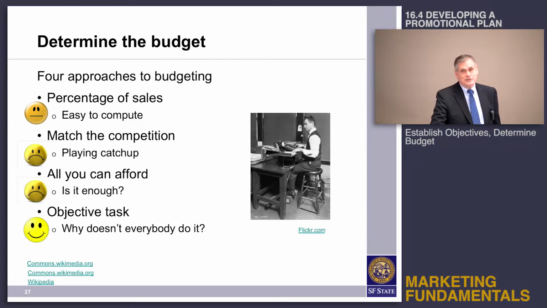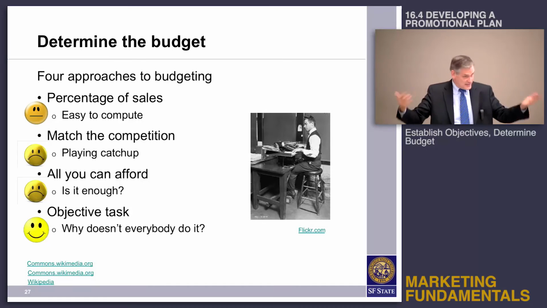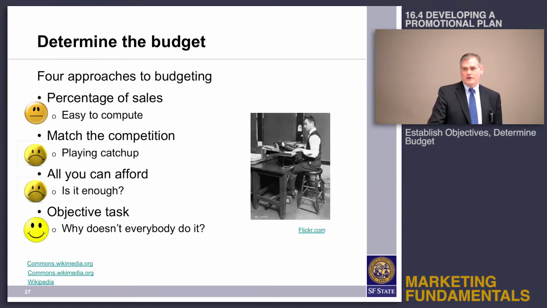Another common approach is just, this is all I can afford. That's our promotion budget. And we've already talked about why this would be a dumb idea. I'm sorry, ill-advised. I didn't mean to be judgmental. Why would it be ill-advised? So my promotions budget is, all I can afford is $500.